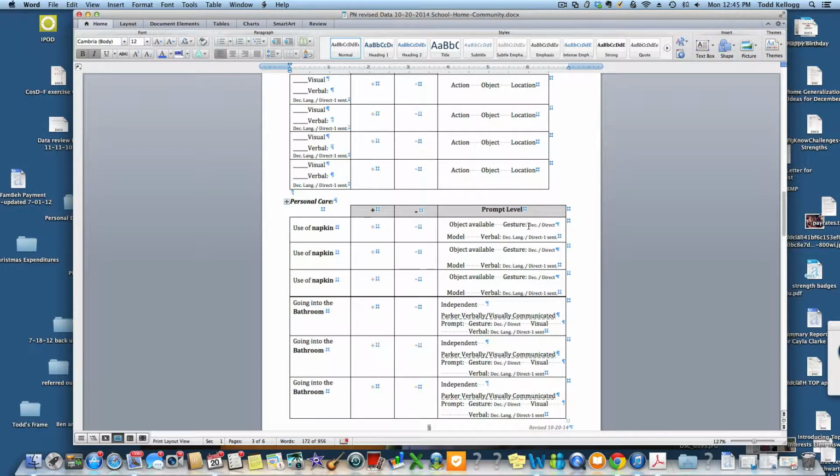Gesture could be that we look at the napkin, that we maybe slide the napkin over to him and let go and then remove our hand. If more direct would be that we tap the napkin, or keep our finger on the napkin, or even hand on the napkin, that would be more direct. Modeling would be if we used our own napkin.